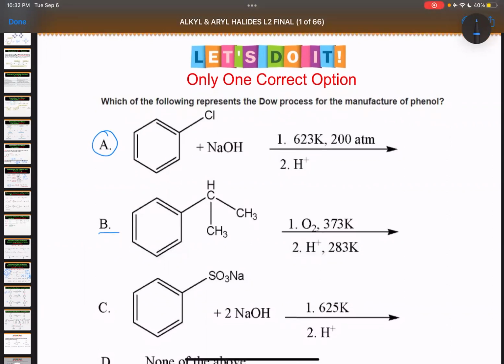A name. From cumene. Yes, the cumene hydroperoxide method for the preparation of phenol. This is cumene only. Cumene is what? Isopropyl benzene. Okay. Do remember this. This is very, very important.